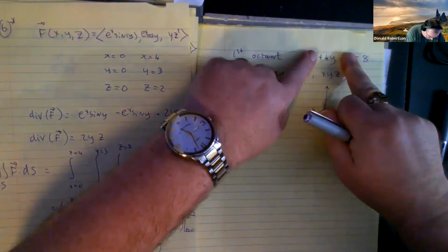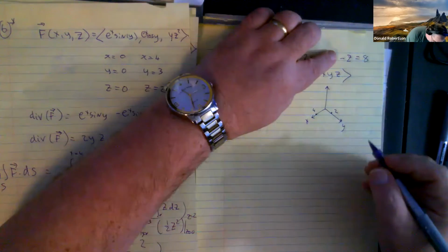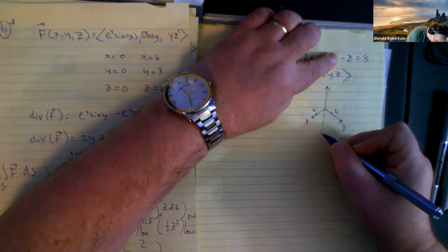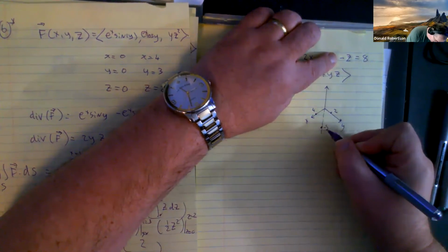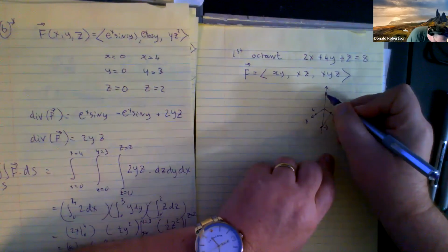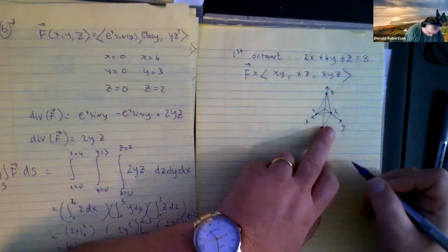It crosses the y-axis at 2. And it crosses the z-axis down here at -8. And I'm going to have to make that a plus because I said the first octant, didn't I? So it's up there now.